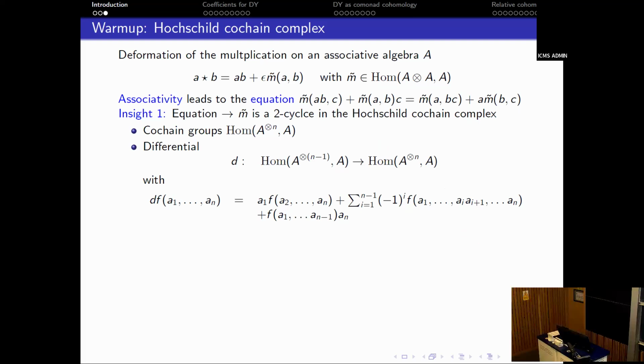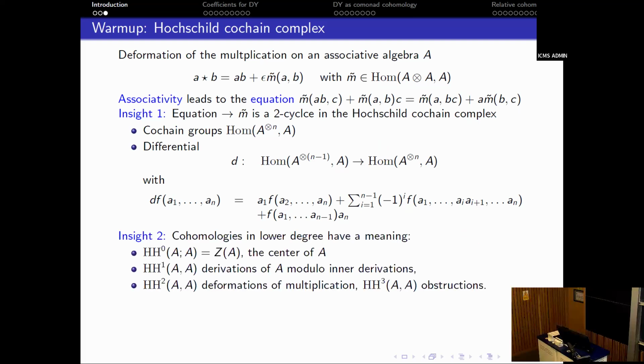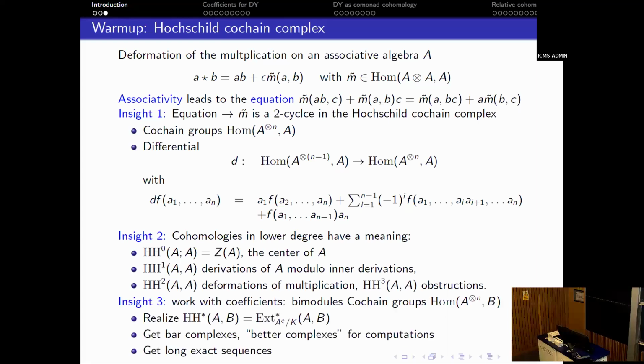Now, the insight, which is also a technical insight, is that lower cohomologies have classical algebraic interpretations like centers and derivations, and second Hochschild cohomology is infinitesimal deformations. All deformations will be infinitesimal, and the third Hochschild cohomology is obstructions.